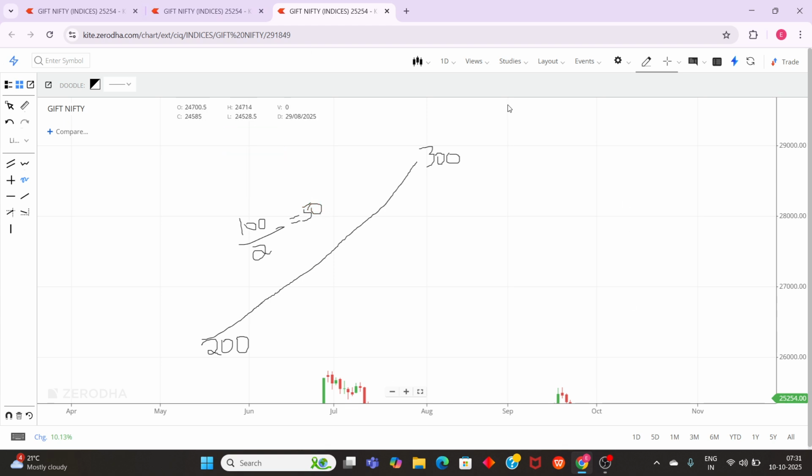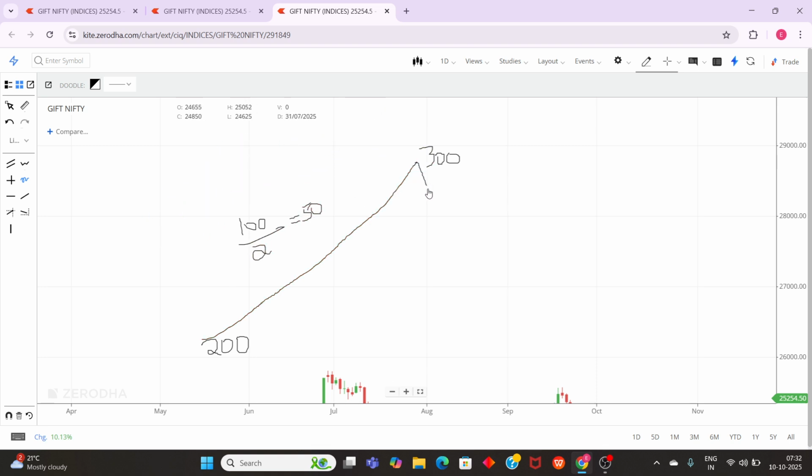So once it has made a high and low, after that it starts showing the pullback from this level. Once the pullback starts, you take 300 minus 50, which is 50% of the rally, correct?